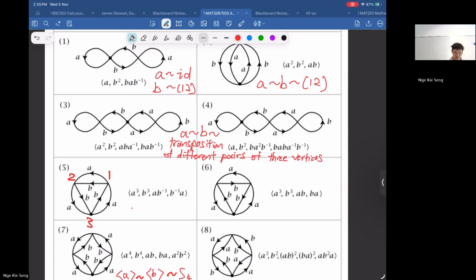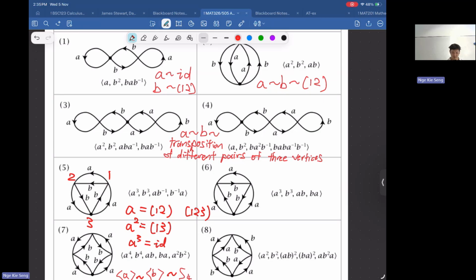So wait, should I write A is 1, 2, and then A squared is 1, 2, 3, and then A cubed is the identity, like that? I think it's 1, 2, 3, because it turns 1 to 2, 2 to 3, and 3 to 1.